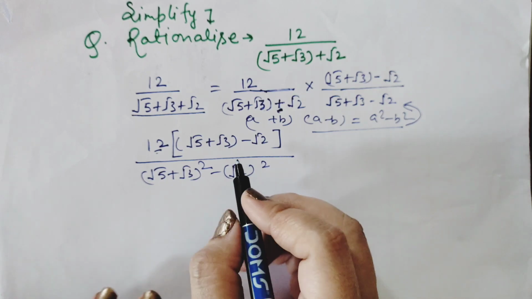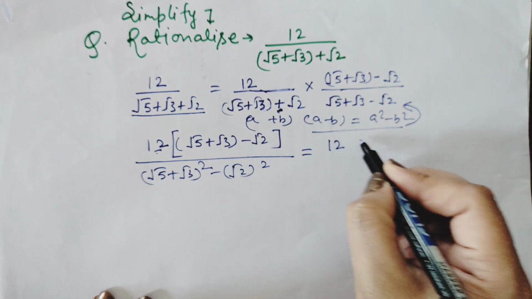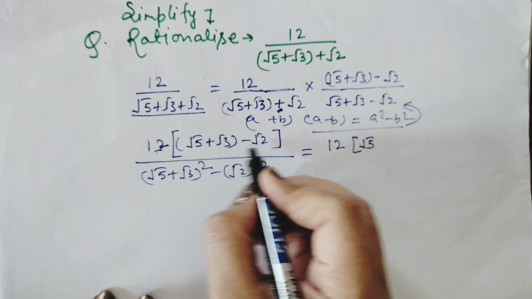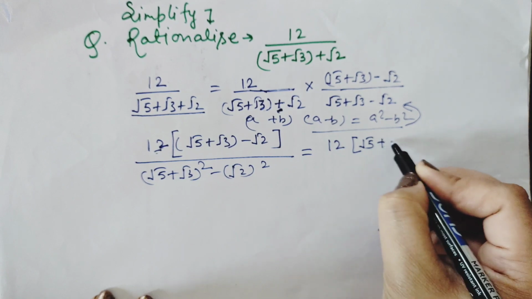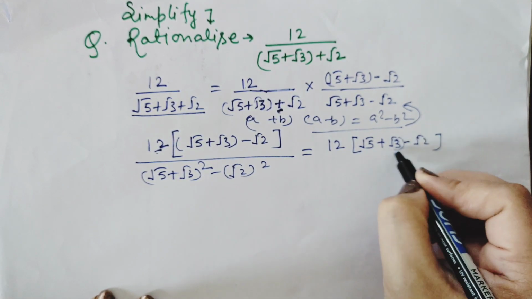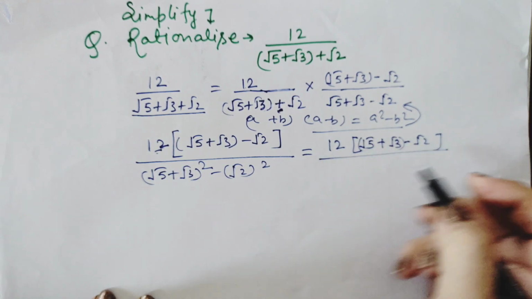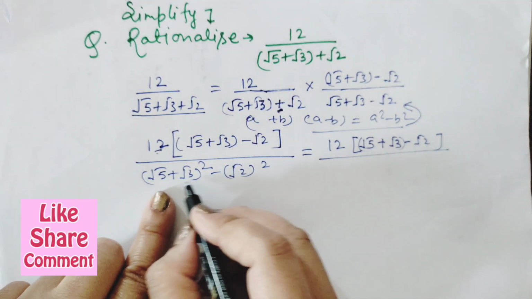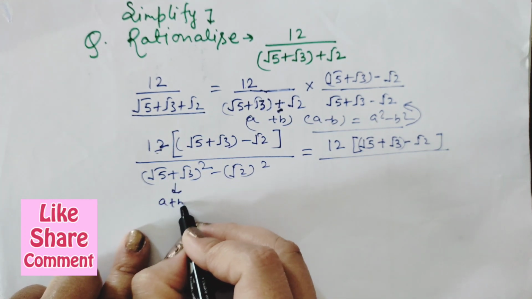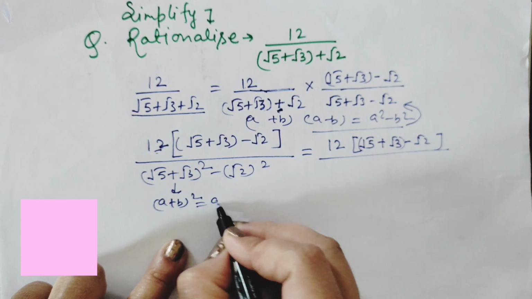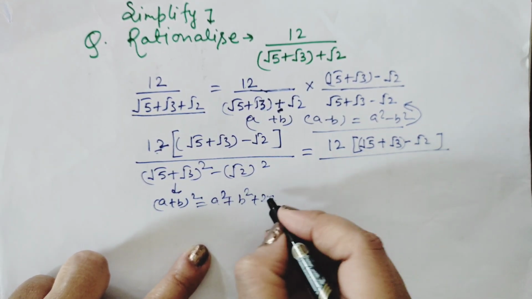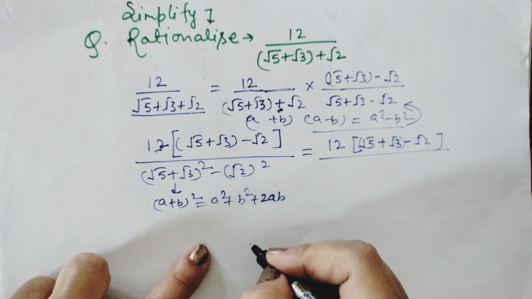Then after that we will not multiply each and every term with 12. Just write it, and you can see the denominator is a plus b whole square. We are using again the identity a plus b whole square, a square plus b square plus 2ab.